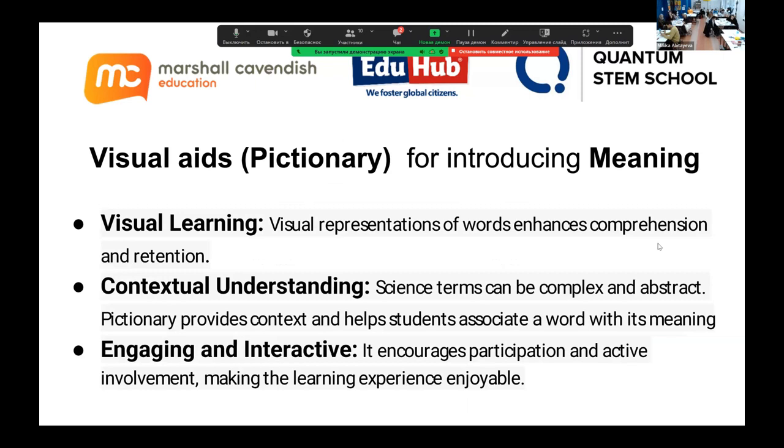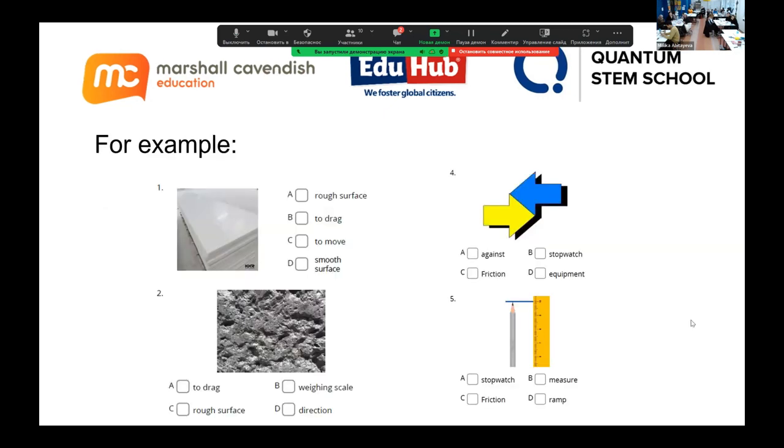There are some advantages like visual learning and contextual understanding. Science has different abstract, difficult, complex concepts which are hard to explain. So sometimes pictures can help. And it's engaging and interactive. It is good for primary school especially.